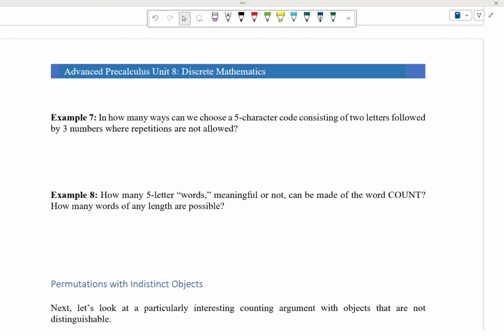But there are only five letters. Repetition is not allowed.